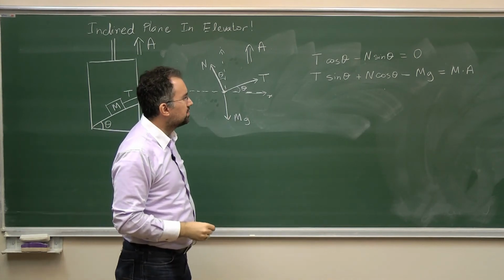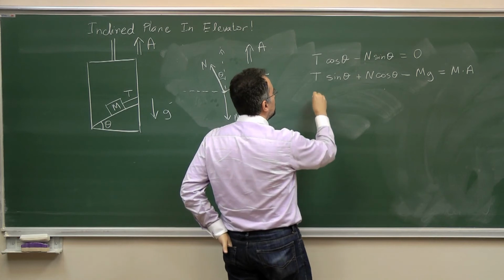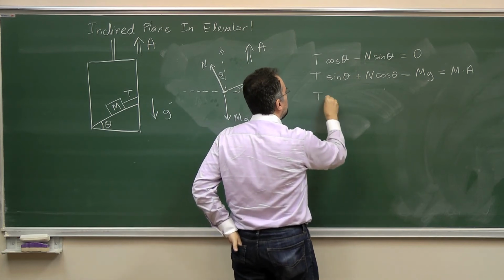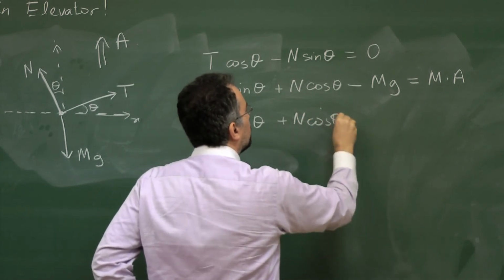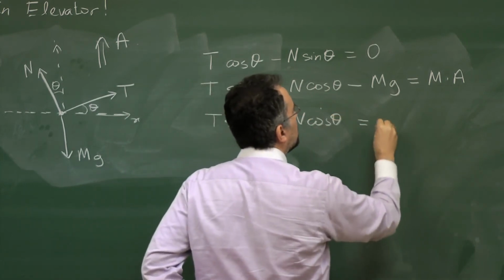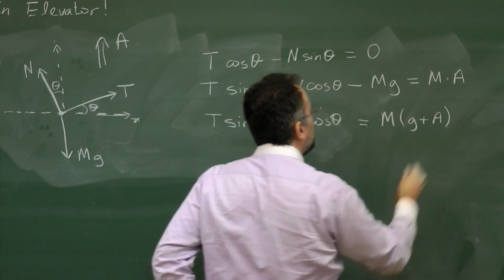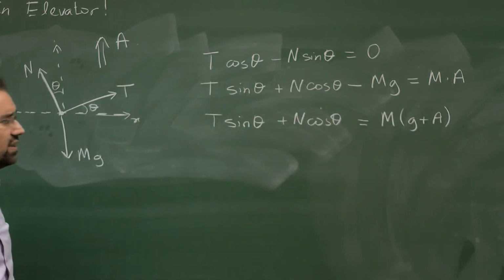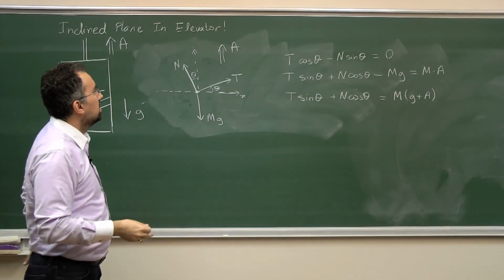Now, if I take the second equation and arrange it just a little bit, I get T sine theta plus N cosine theta equals m times g plus a. Again, the g and a got added together, so I'm happy with that.